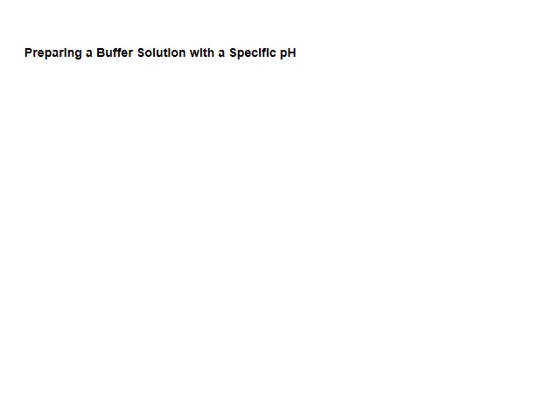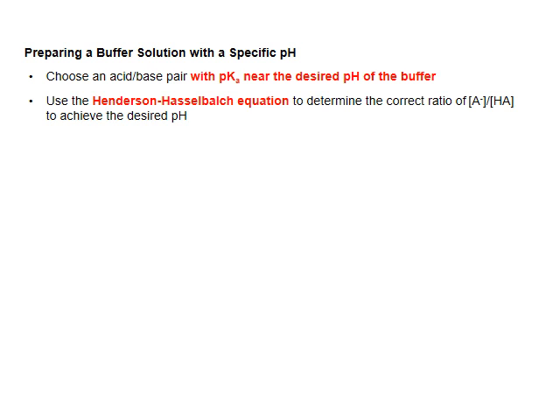Here are some guidelines for how to prepare a buffer with a specific pH value. As we've already seen, we need to start by choosing an acid-base conjugate pair that has a pKa of the acid component within 1 pH unit of the desired pH of the buffer. Next, we'll use the Henderson-Hasselbalch equation to determine the correct ratio of A- to HA concentrations to achieve the desired pH.